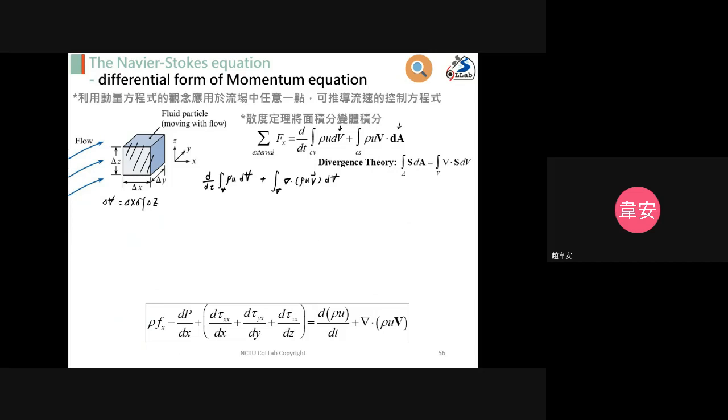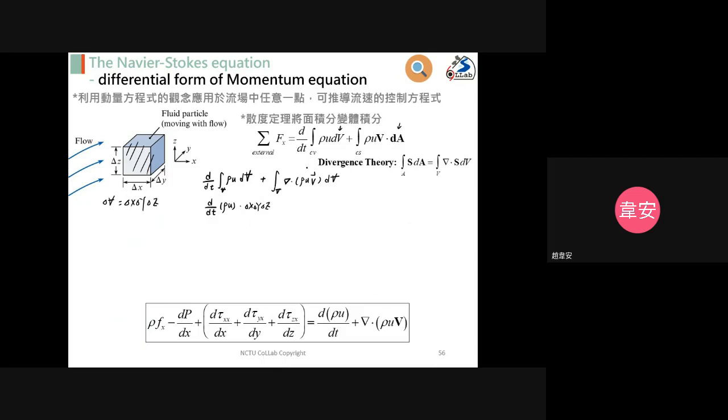So we remove the integral operators here, and we only have the d/dt of rho u multiplied by the small volume delta x, delta y, and delta z.